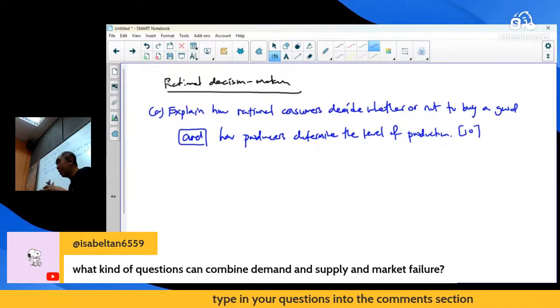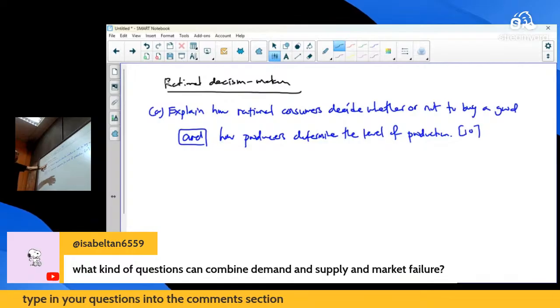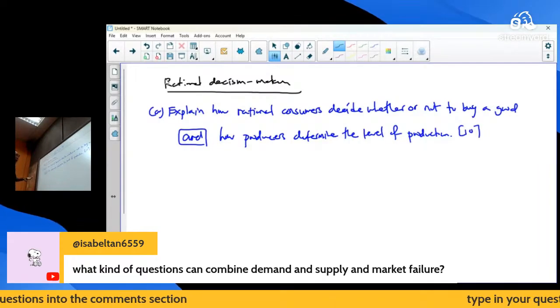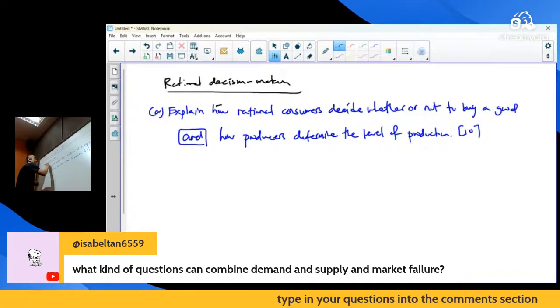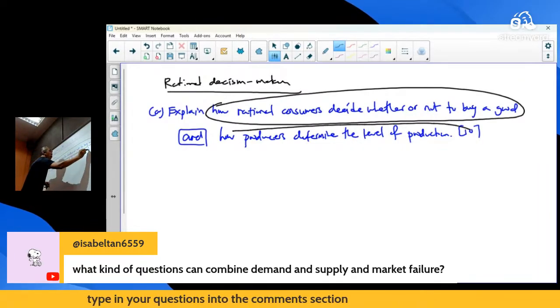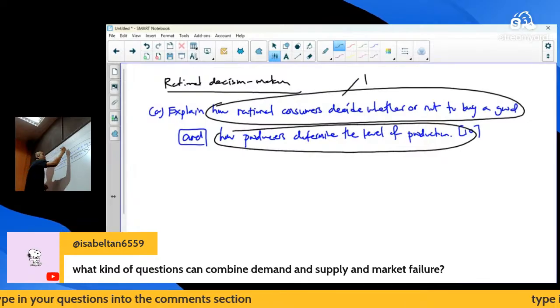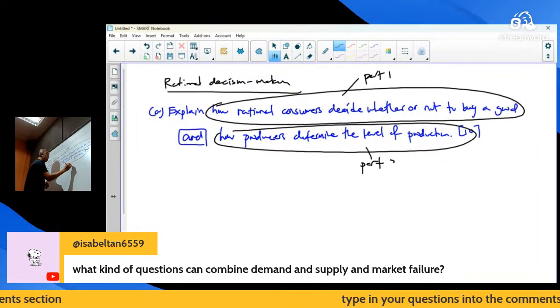So suppose this was the case, to ask you how rational consumers decide whether or not to buy a good. So we split this question into first part, right? How rational consumers decide whether or not to buy a good, and how producers. We call this part one, and we call this part two of this part A question.